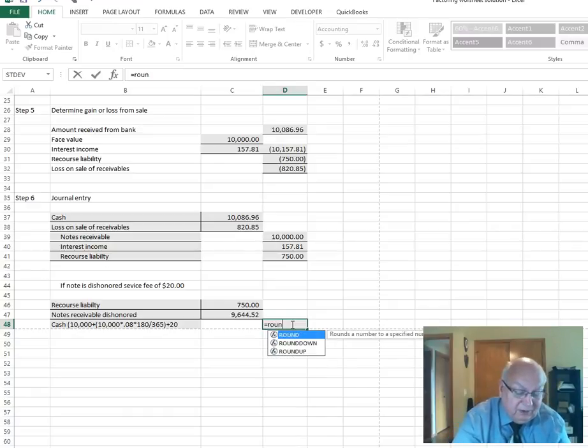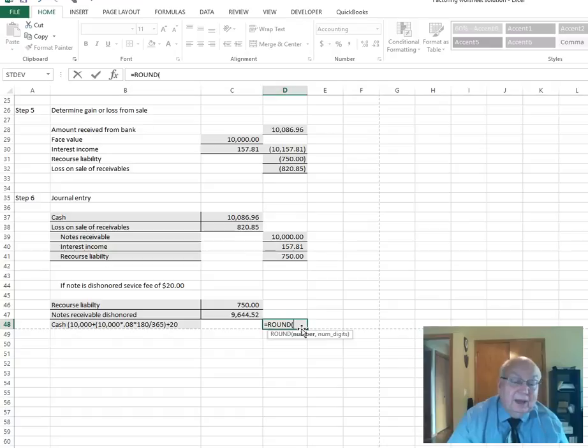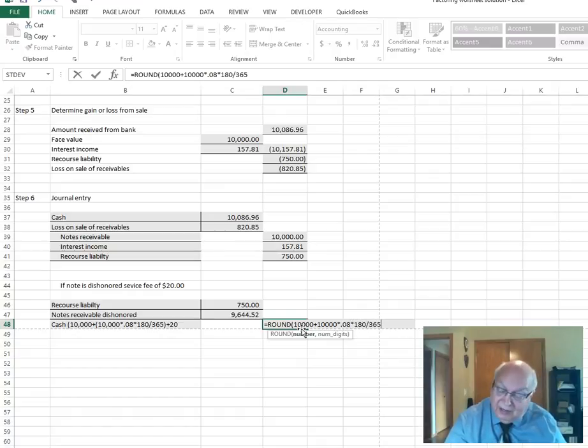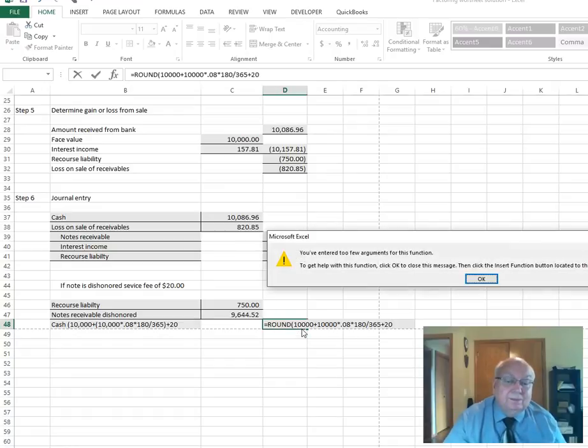But to calculate it out, to make sure it works, I'll use the round function just to be safe. The number is 10,000 plus 10,000 times 0.08 times 180 divided by 365, plus 20.